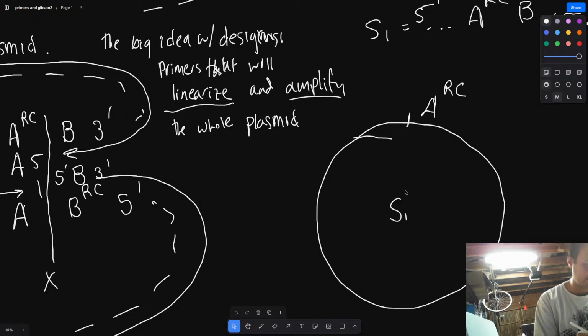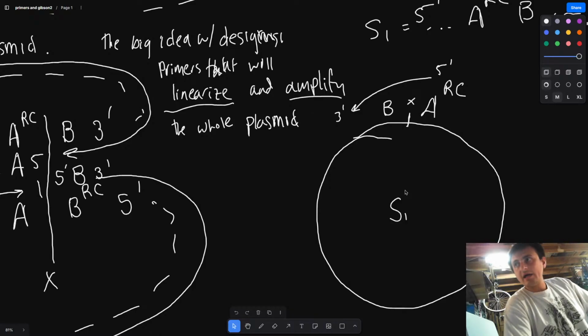Then this is our breakpoint X. Actually, I don't want to draw it right there. Let's close X. And then we're going to have B here, right? Because that's the other part of this. And so now we can draw an arrow, 5 prime, 3 prime.